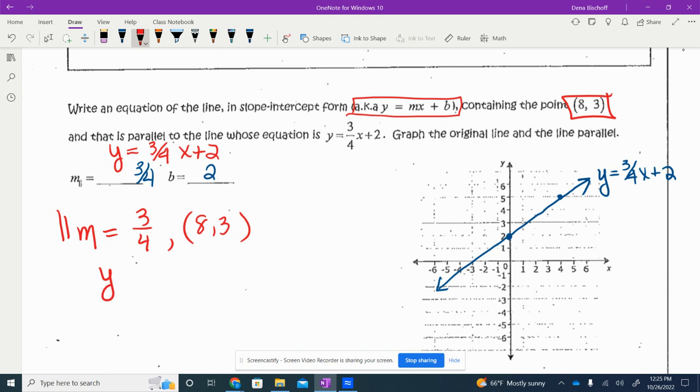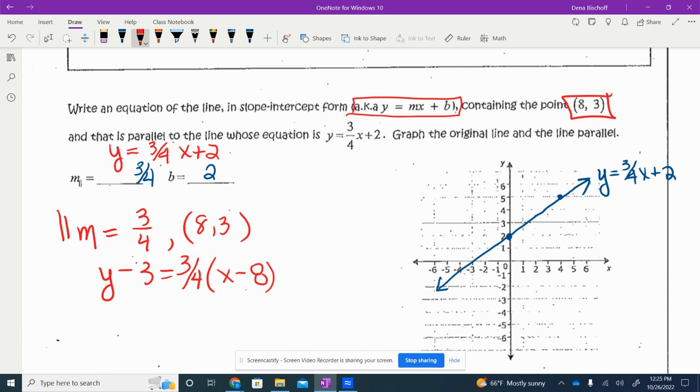Good job, y minus 3. Awesome, perfect. x minus 8. That's exactly perfect. So that is an equation. It's just not in the right form.